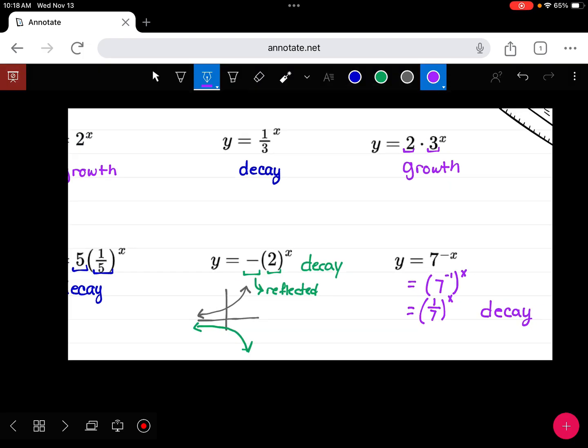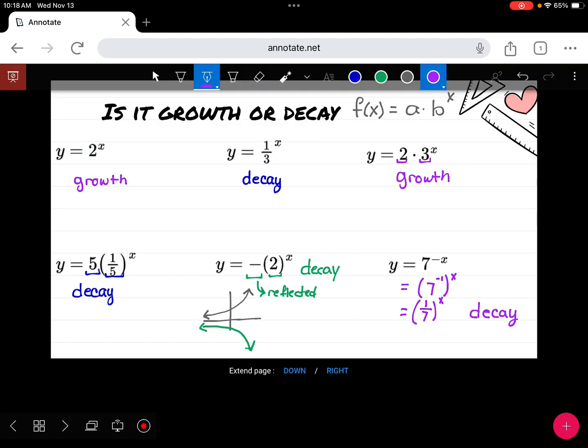As long as it's been reflected, it's going to be opposite of what we think the base is. So it switches our base rule. If it was 1/3 to the x, that would have been decay, and reflected, it's starting super low, and it's growing.